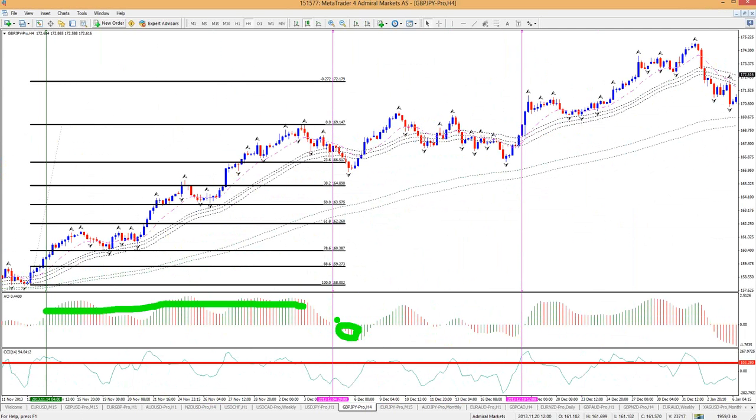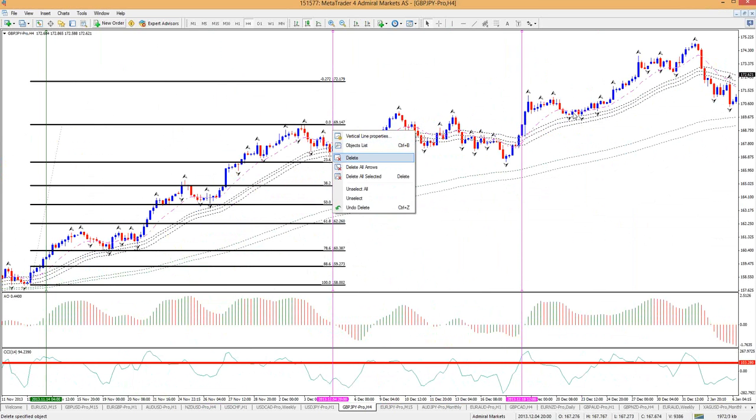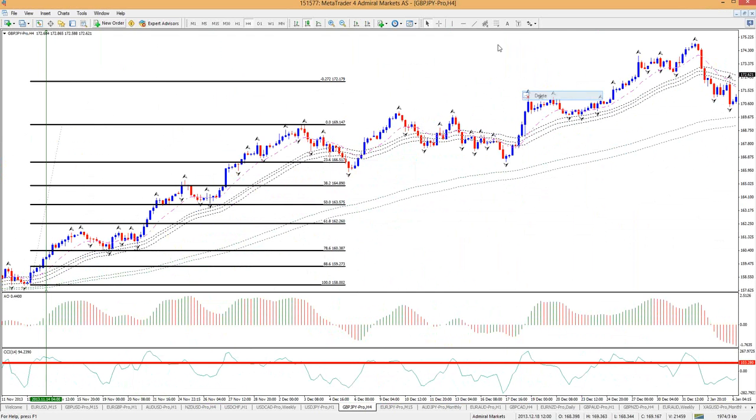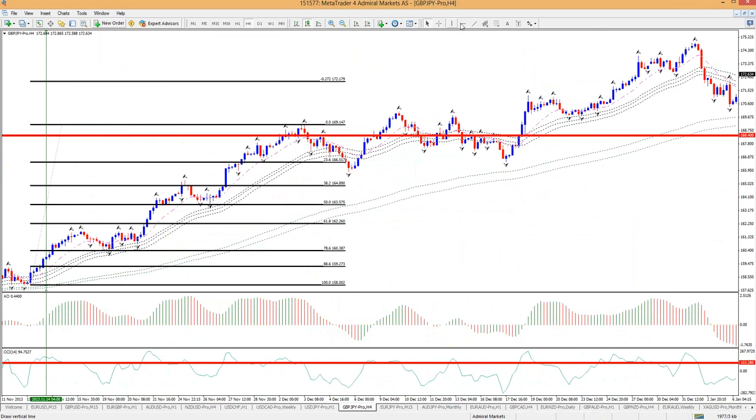Then the entry is actually the first 4-hour fractal break. So after that, what that would mean is right here, this resistance.